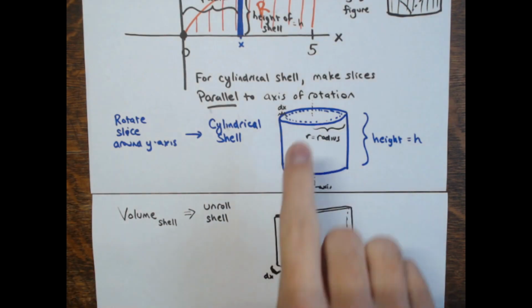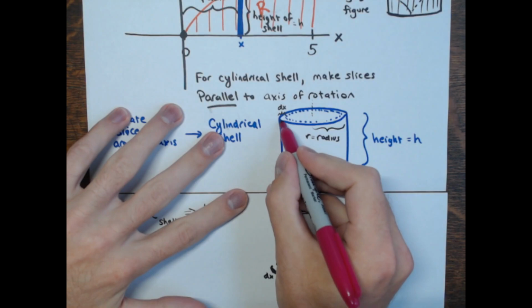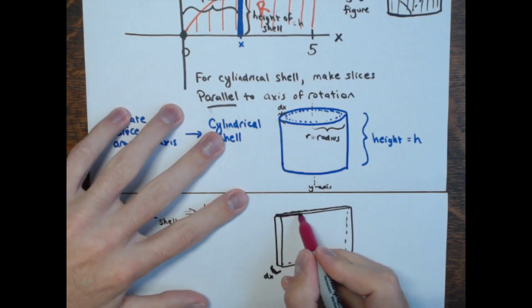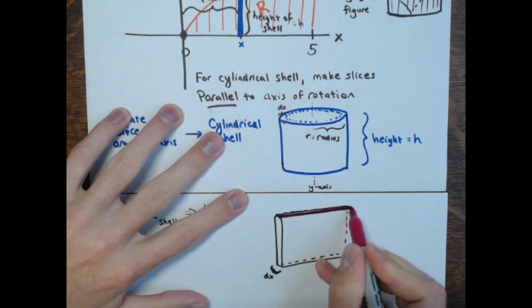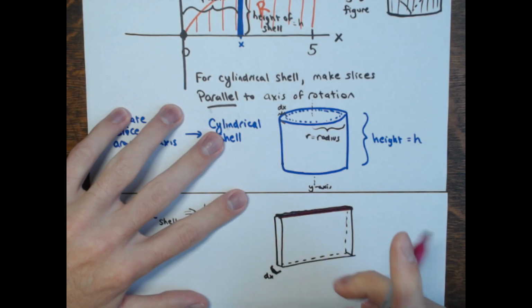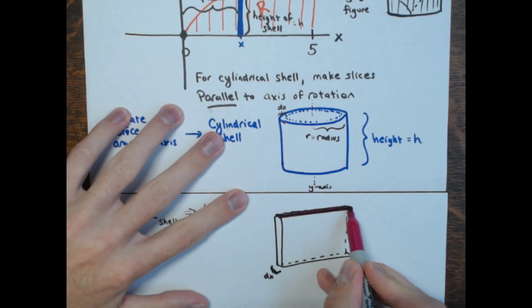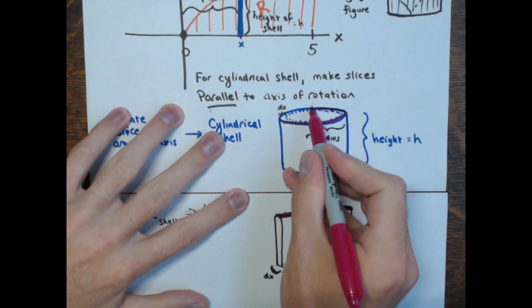Now, hopefully you can see if I unroll this, the top edge, I'll color this in like red. The top edge, the length of this top edge here on this piece of paper, this is like a rectangular prism here. The top edge here is the top edge here, right?